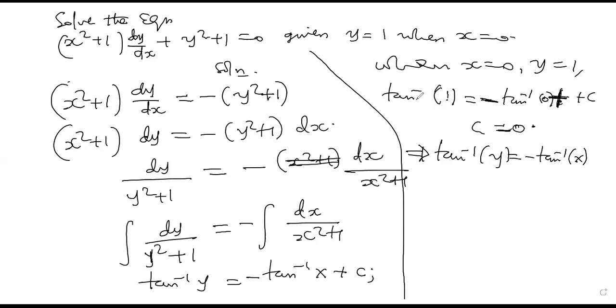This is tan inverse of 1, tan inverse of 0. This is 0, so c is tan inverse of 1. So plus tan inverse of 1.